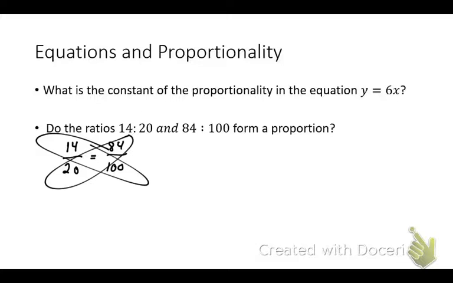I can multiply my cross products. 14 times 100 is 1400. And 20 times 84 is what? Somebody punch that in real quick for me. Okay, 1680. Do those numbers equal each other? No. So these ratios do not form a proportion. Okay? All right, so to tell whether they do, put them in fractions and cross multiply.